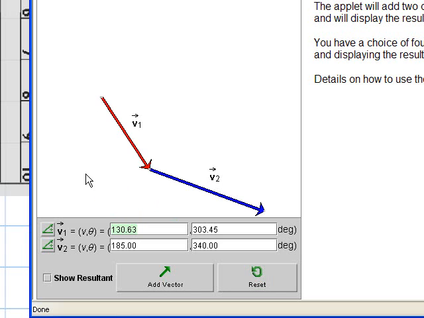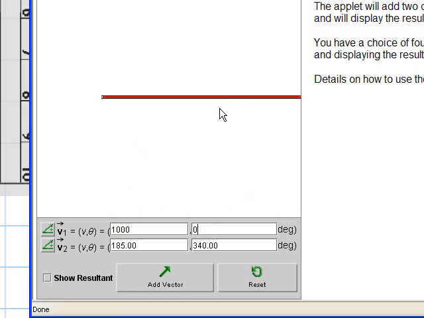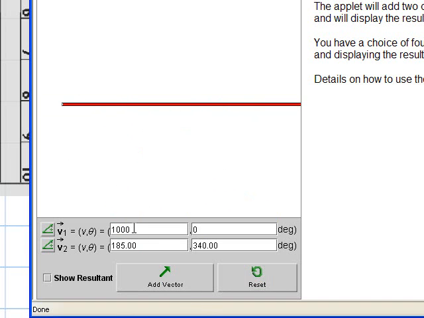I put the first vector in at 1000 newtons, and it's pointing to the right, which on the circle means 0 degrees. But notice that my vector here becomes really long when I put in 1000 newtons, and therefore it's advisable for these setups, when you use this particular applet, to scale all these vectors to hundreds.